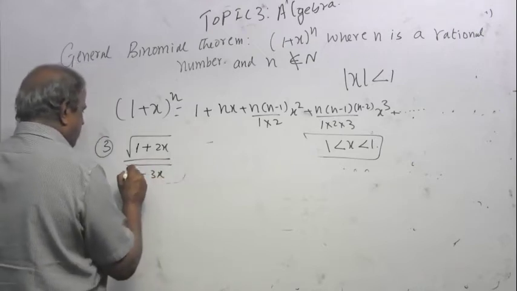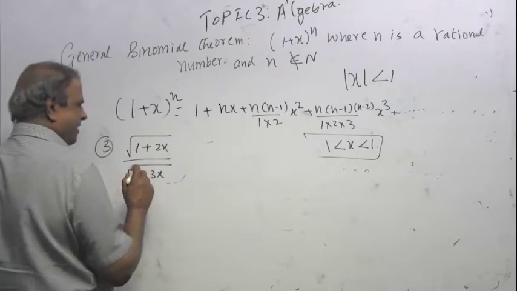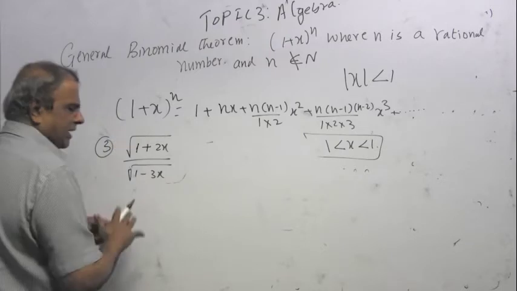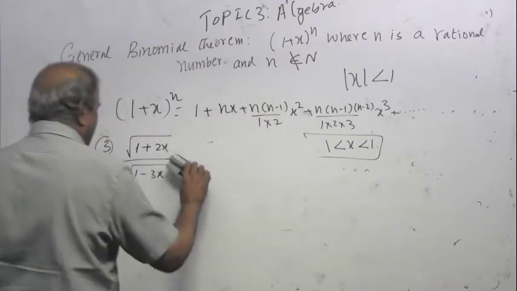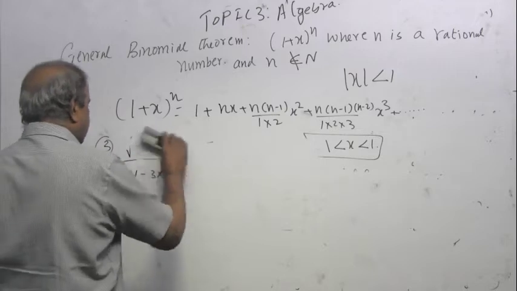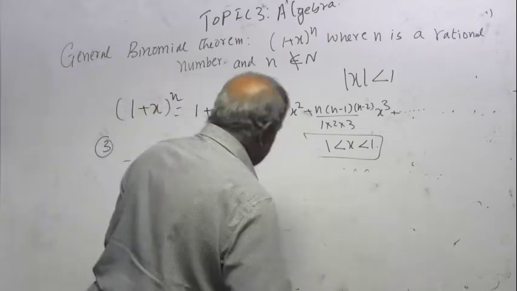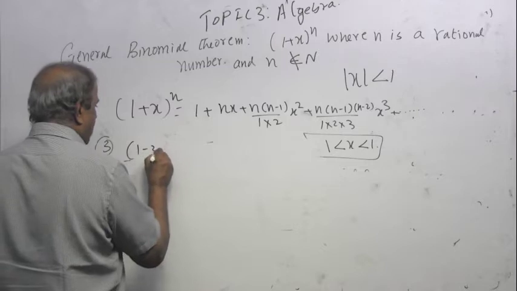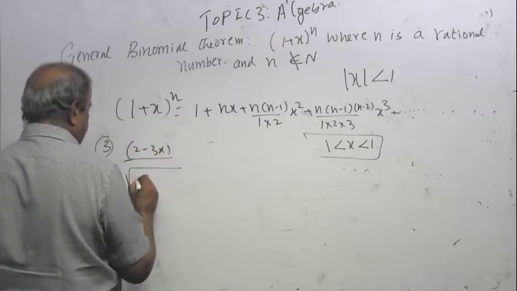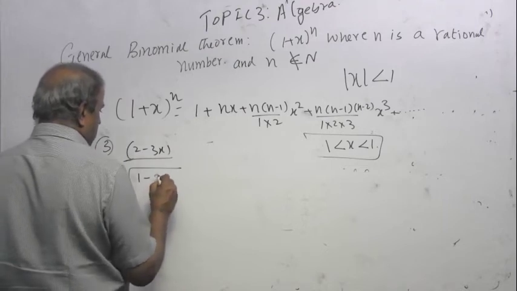Or let me make it cube root of, should I? Leave it as over 1 minus 3x. Let's not even put any cube root there. Or let's make it the other way around. 1 minus 3x over 2 minus 3x over square root of 1 minus 2x.